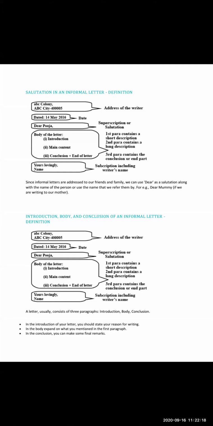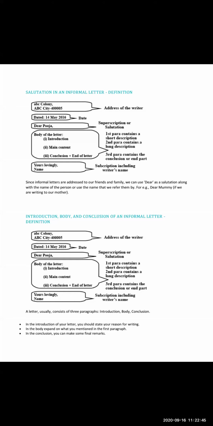Okay, introduction, body and conclusion of an informal letter. So see here, first the address of the writer, then date, then superscription or salutation. Then the introduction. A letter usually consists of three paragraphs: introduction, body and conclusion. The first paragraph contains a short description.